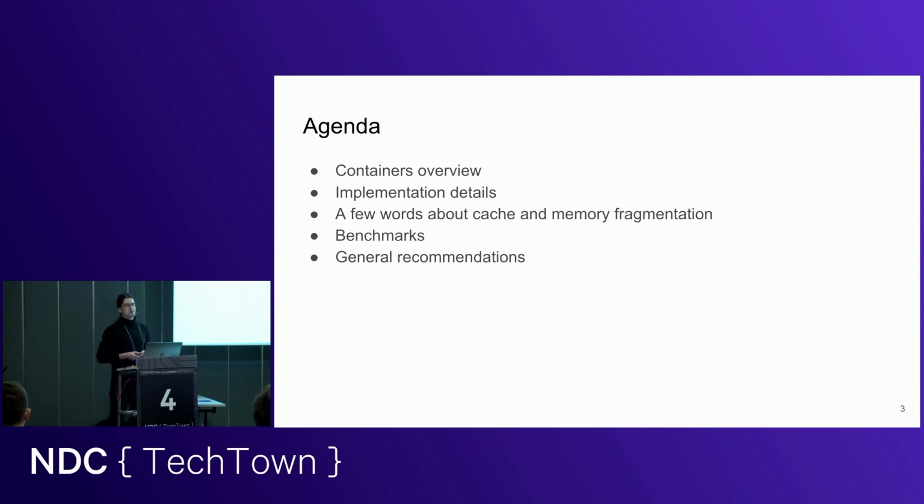Then we will look at some very artificial benchmarks, and I will tell you why you should benchmark everything yourself when you write real production code, taking into account hardware, build flags, and so on. And then there will be only one slide of general recommendations on how to use them or how to create those containers and so on. Yeah, let's get started.